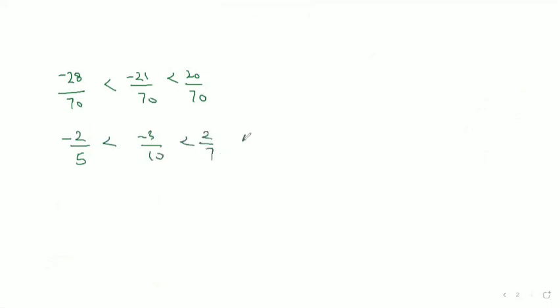According to that, minus 28 by 70 is the smallest, minus 21 by 70 is bigger, and 20 by 70, being positive, is the biggest. So minus 2 by 5, minus 3 by 10, and 2 by 7. This is our answer. Hope the question is clear.